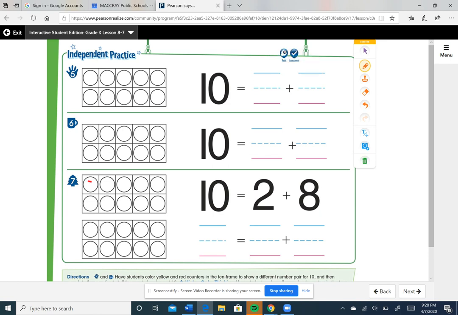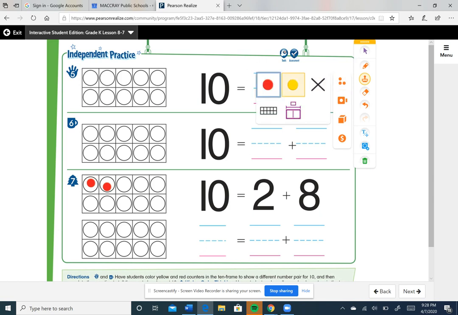Okay, so it was 2 reds and 8 yellows. What's the opposite?